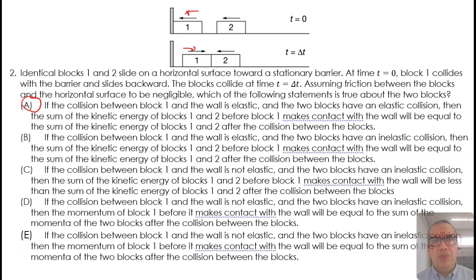In the case of option B, if the collision between block 1 and the wall is elastic, and the two blocks have an inelastic collision, then the sum of the kinetic energy of blocks 1 and 2 before block 1 makes contact with the wall will be equal to the sum of the kinetic energy of blocks 1 and 2 after the collision between the blocks.